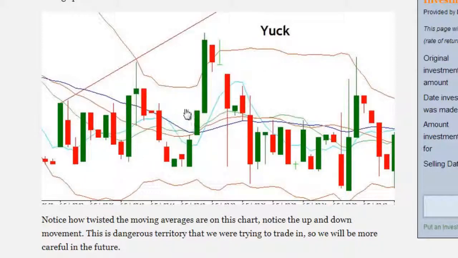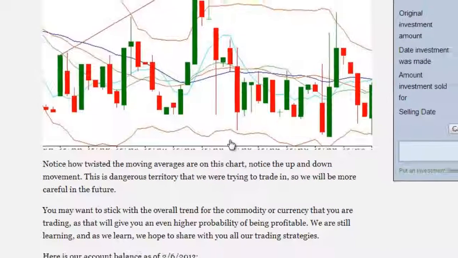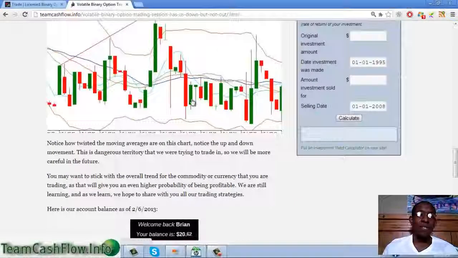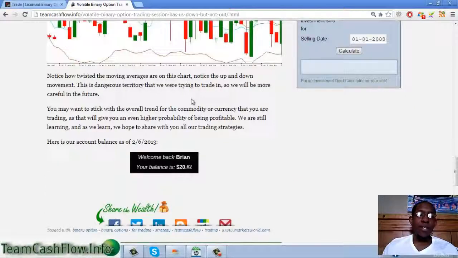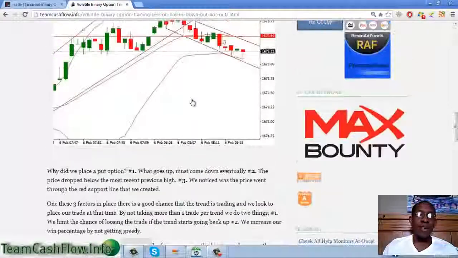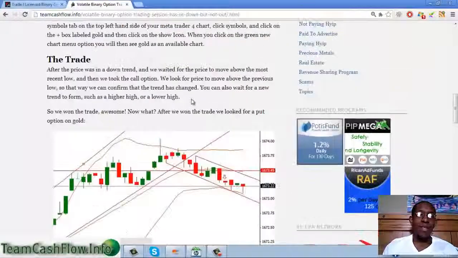If you notice it's in a sideways channel, then you can get a good entry point, which is at the very bottom or the very top of the price action.